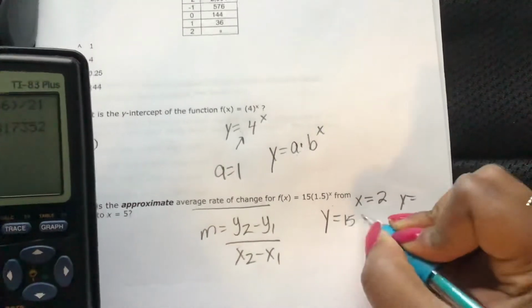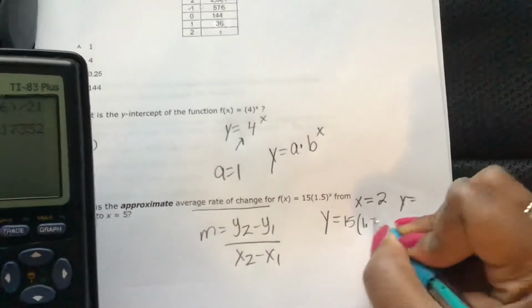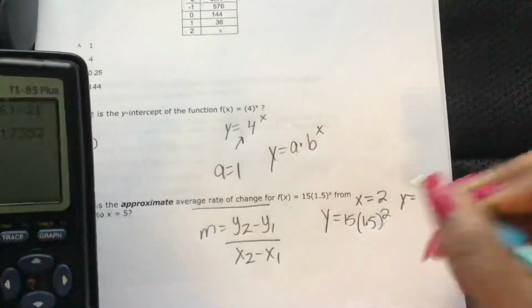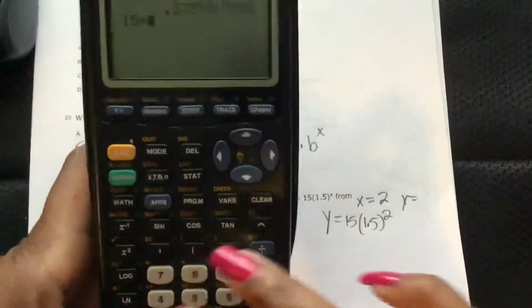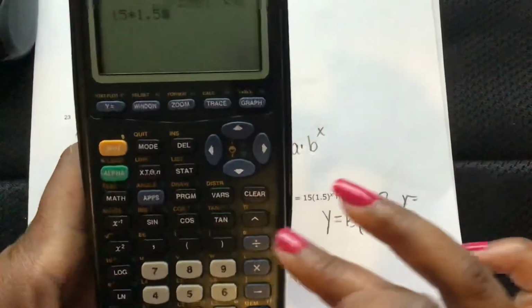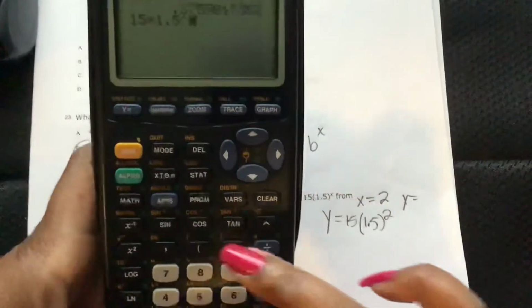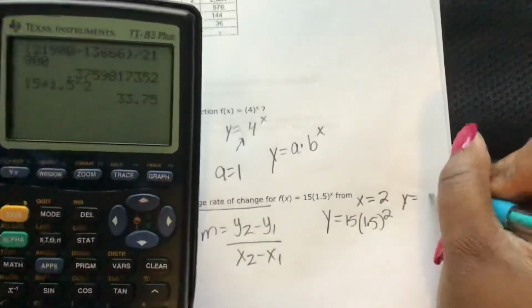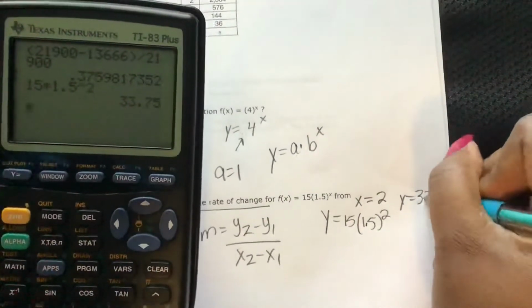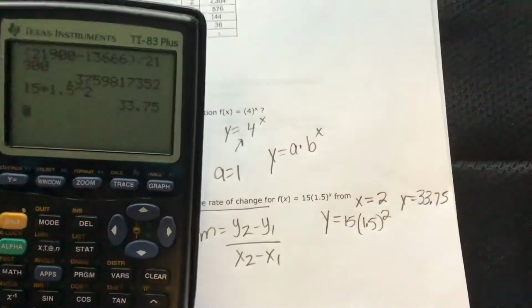So that's 15 times 1.5 to the second power. So let's type that in. 15 times 1.5 raised to the second power. So your y is going to be, for this one, 33.75, okay?